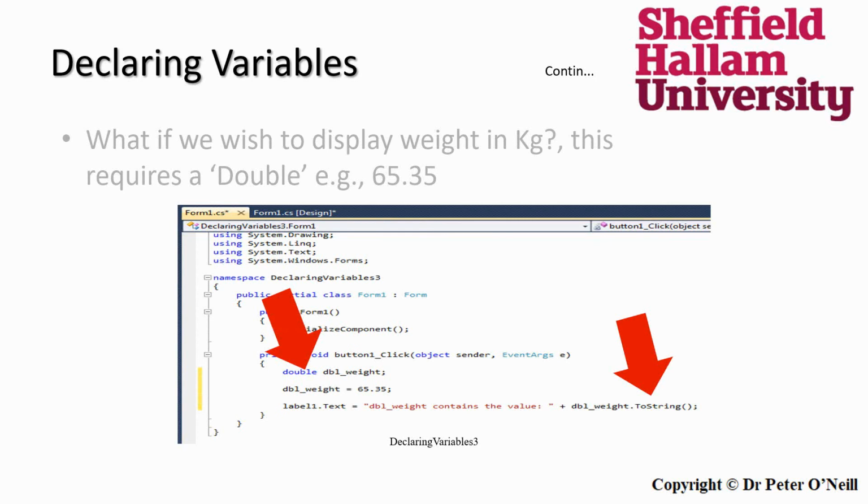You can see that in example declaring variables number 3, which is available on Blackboard. So it will actually then change them about. Notice the structure is very much like our previous one. All we're doing is basically declaring different types and using the same structure with different text to explain what it is.